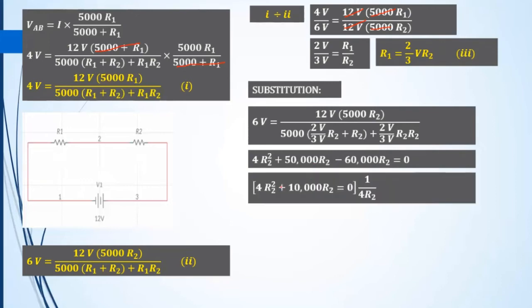So we have here 4R2 squared plus 50,000 minus 60,000 is minus 10,000 R2.